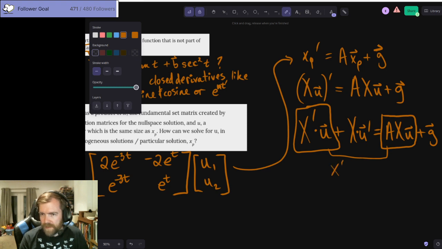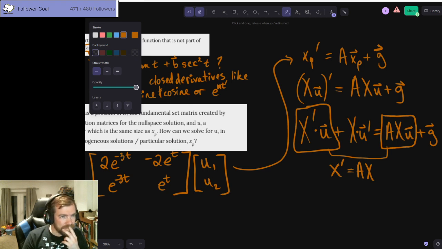Because x is defined, well, the columns of x are solutions to the differential equation. So if we look at each of the columns, we're taking a u linear combination of solutions to the homogeneous differential equation, which is again a solution to the homogeneous differential equation.